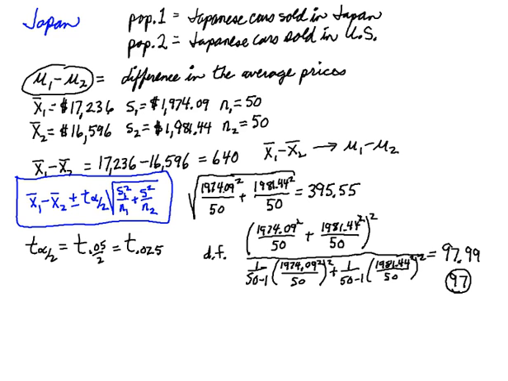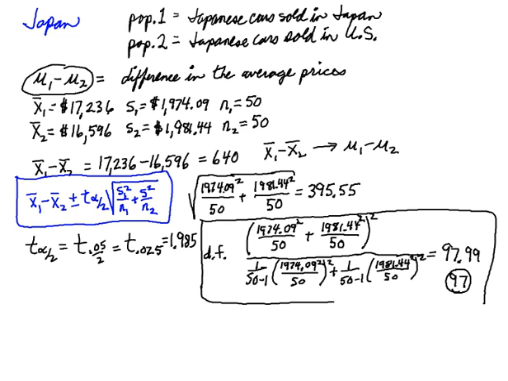Now, what I'm going to do is I have enough information to go to the table. My .025 along with row 97 in the t-distribution table gives me a t-value of 1.985. So this degrees of freedom here, again, is a complicated, tedious, I should say, calculation.